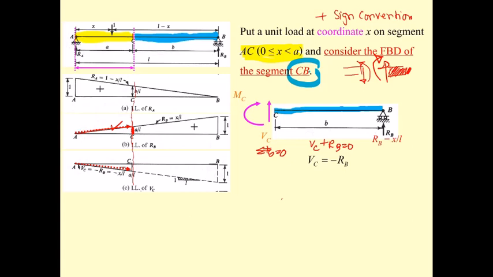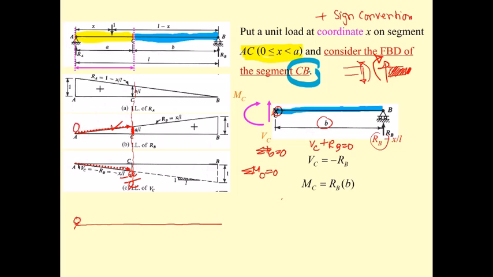That's going to be minus A over L, and then summation of moment at C equal to 0, and you may see easily M sub C is here, and R sub B is going to times B. So the next portion, we have the same moment, the same diagram, and this time we have the R sub B here, but the R sub B is going to times B, and so this one is 0, this one's still 0.